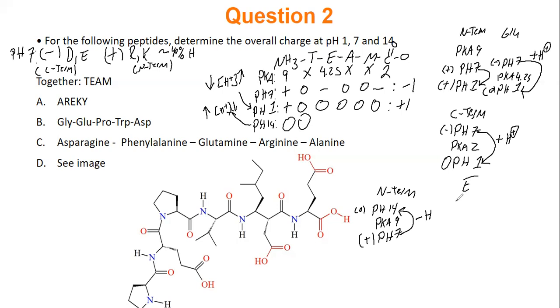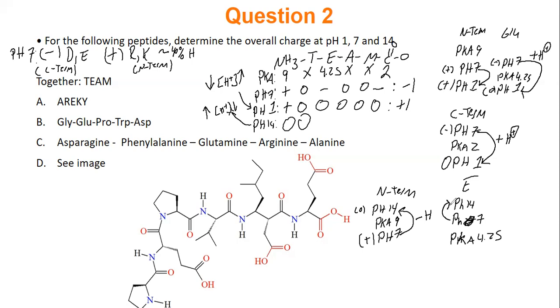E, we do the same thing. pH of 14, pH of 7, oops, 7, not 17, pKa now of 4.25. So list the pH 7, pH of the problem, and pKa all in numerical order. I always start at 7 because 7 is my home base, and I go to the pH of the problem.